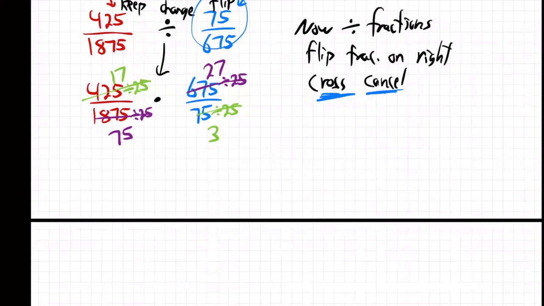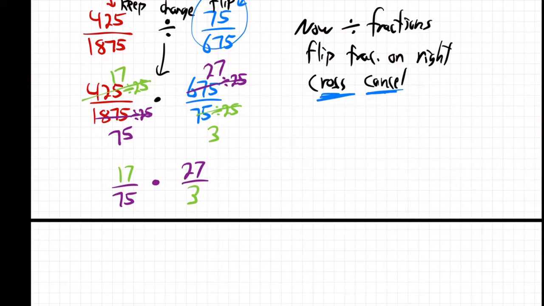And what do we have? Right now what we have is 17 over 75 times 27 over 3. Good so far? I just kind of cleaned up what we have. Now, can we reduce further?